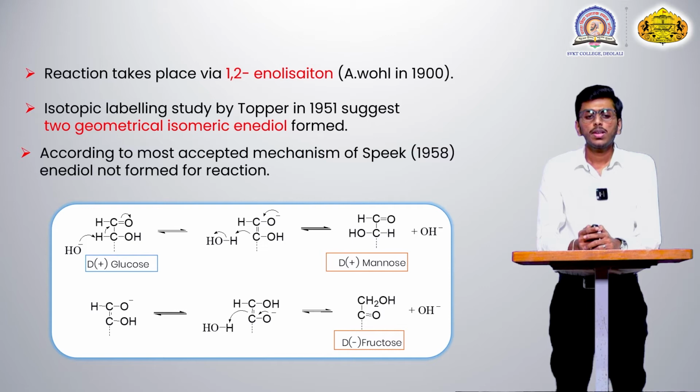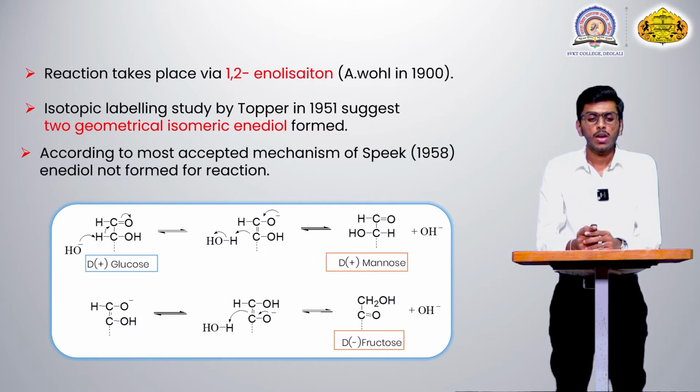An isotopic labeling study by Topper in 1951 suggested two geometrical isomeric enediol forms, as we saw previously. The most accepted mechanism for this was given by Speck in 1958. According to him, enediol is not formed in the reaction.